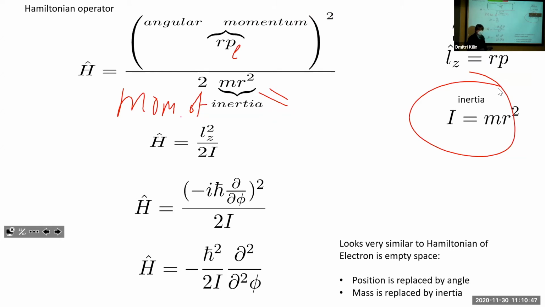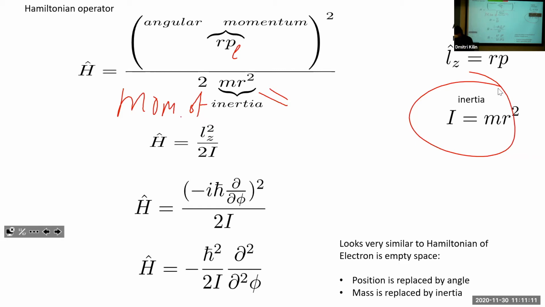If we do quantum theory, we do need operators. So the Hamiltonian, in the case of rotation, will be analogous to kinetic energy because there is no potential, right? Here are some quick tricks.